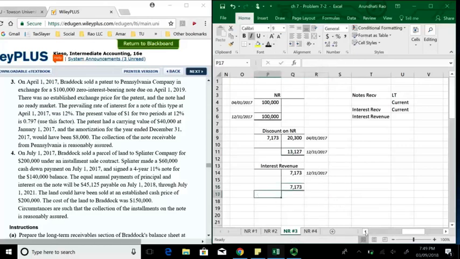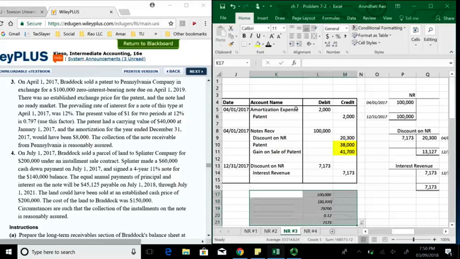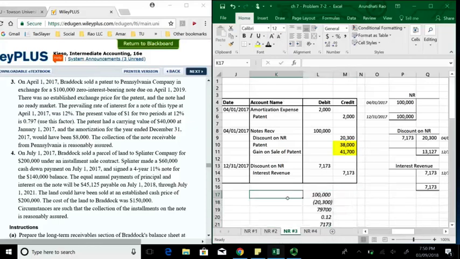So I'm going to go back over here for a second, and let me increase the font size so you can see it properly. We have notes receivable, and this is less the discount on notes receivable. The notes receivable balance stayed the same. Nothing happened to it.